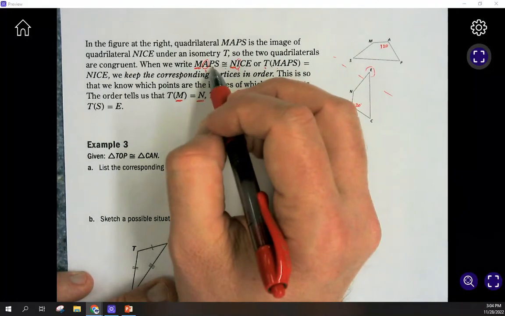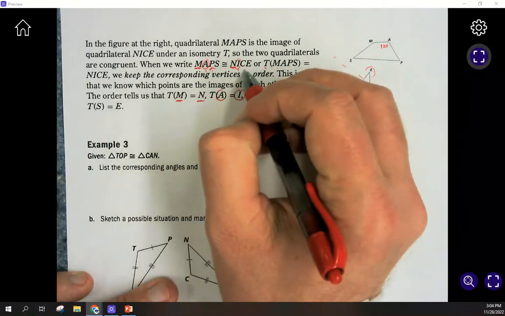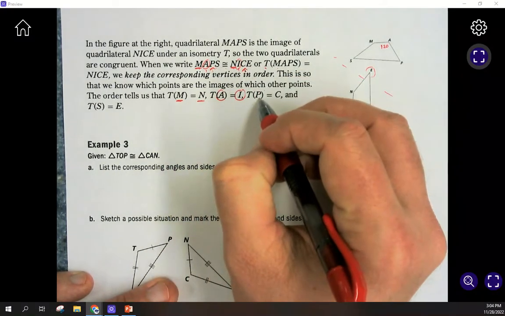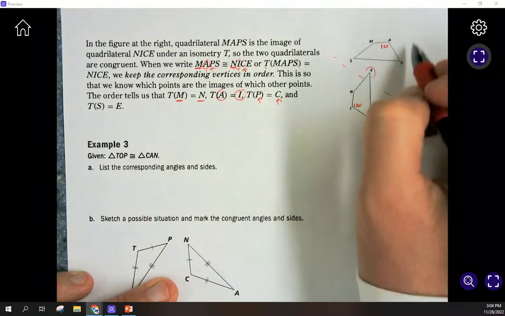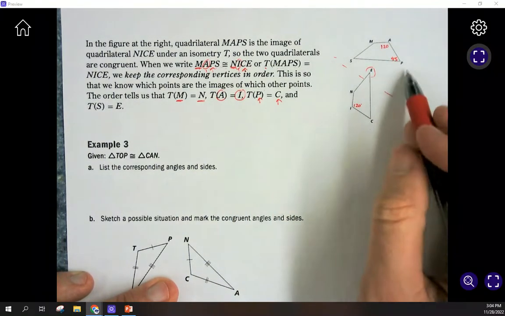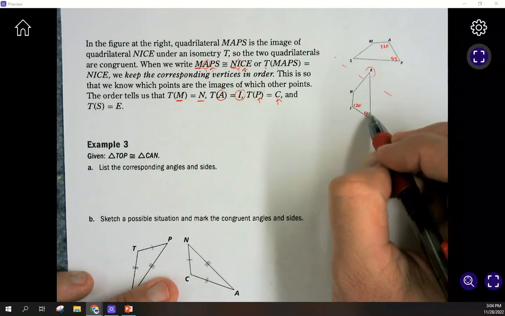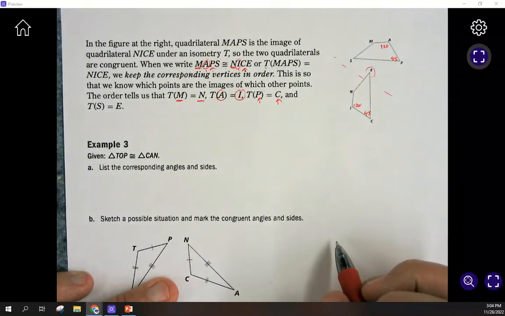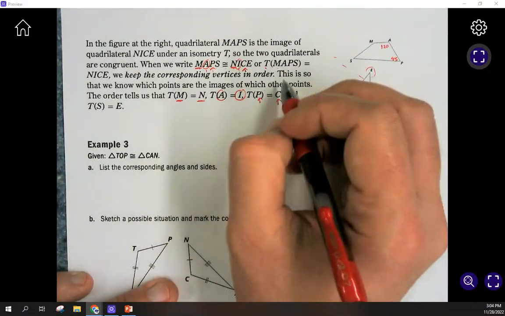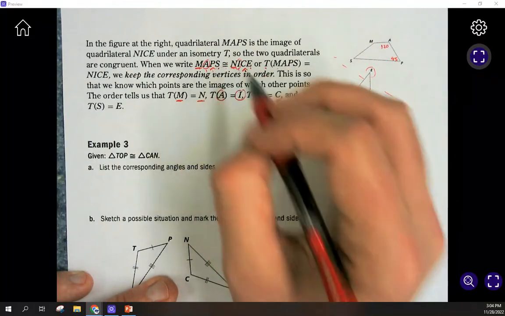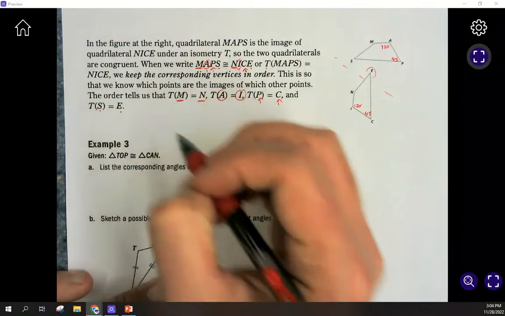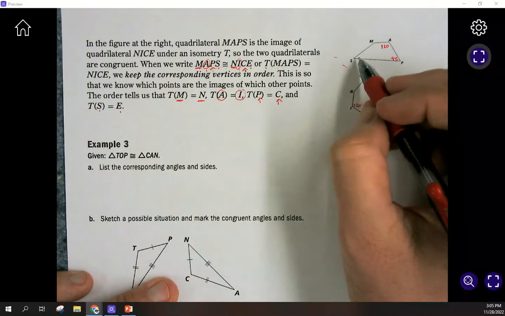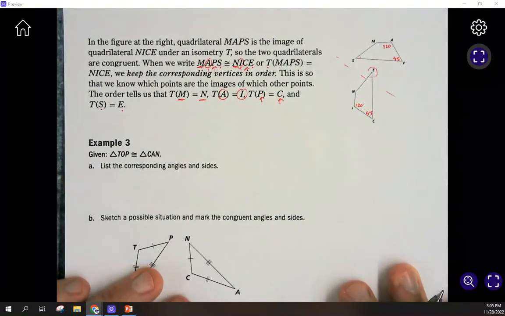And so the third letter is P and C. So P and C are equal. So if this is 45, P is 45, I know C is also 45. Those are the matching corresponding parts. And then if E and S are the last letters written, I know that those are equal to each other. So those would have the same angle measure.